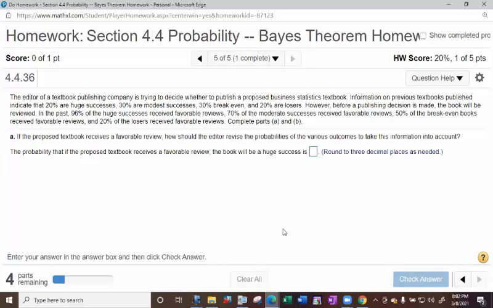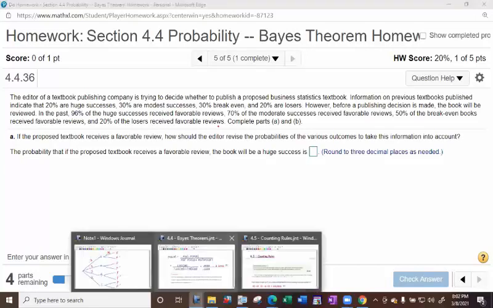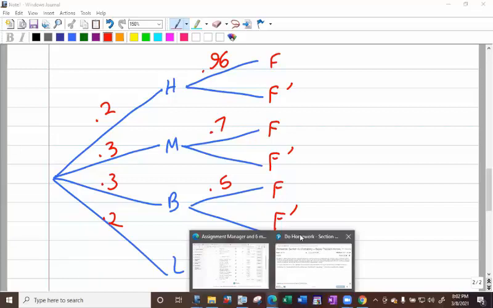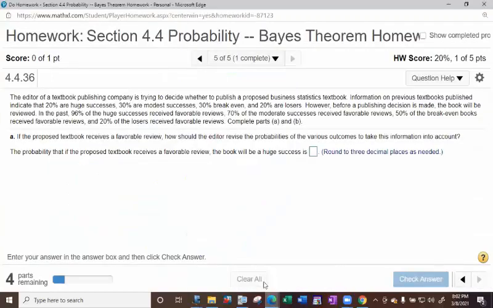So 70, and then 50% of the break-evens receive favorable, and 20% of the losers receive favorable. So it's 0.7, 0.5, 0.2 for the next 3. 0.2 or 0.3? Yeah, 0.2.